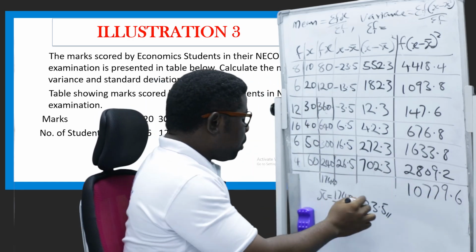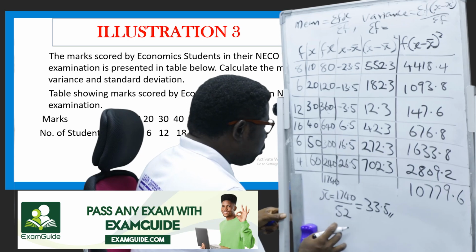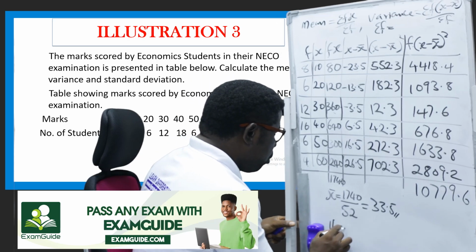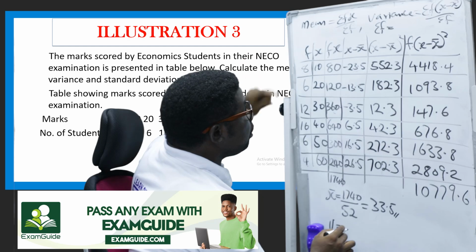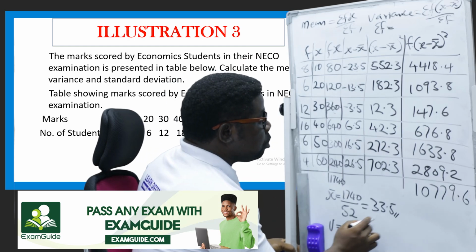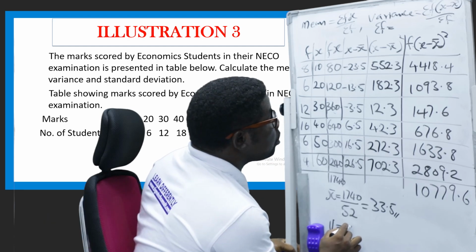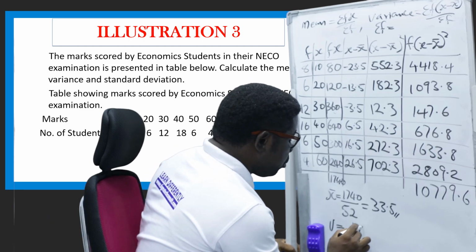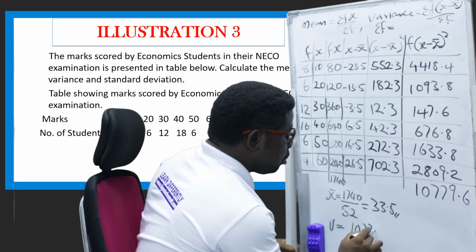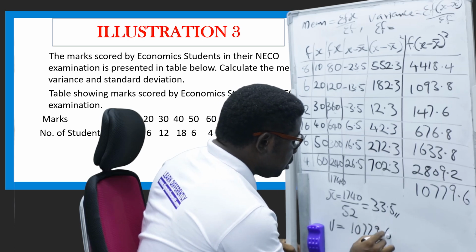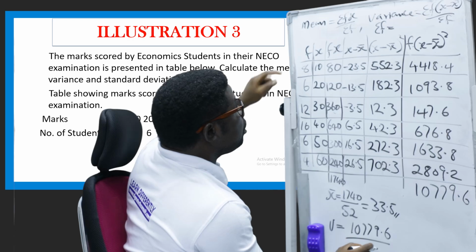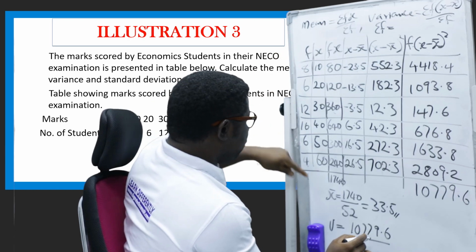So for our variance now, our variance is equal to this formula. It's equal to 10779.6 all over what? Summation f, which is 52.